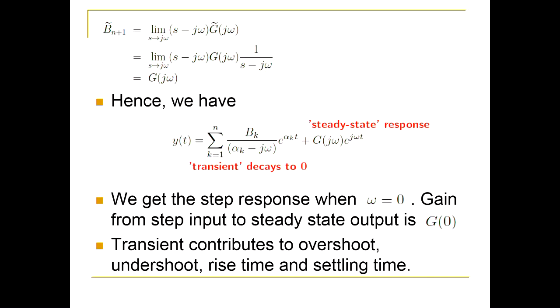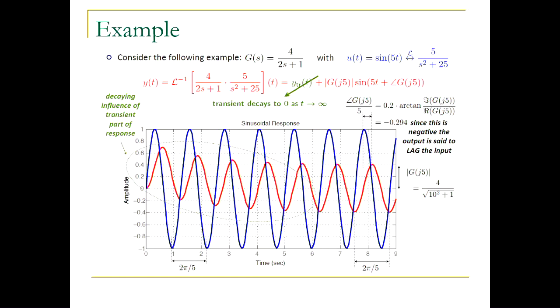So if you specify omega, in this case 5, then you substitute 5 for omega. If omega were equal to 10, you would substitute 10. So I can rewrite this whole term as a magnitude times a sinusoid oscillating at the same frequency plus a phase shift. So I rewrote this term in this way, right?